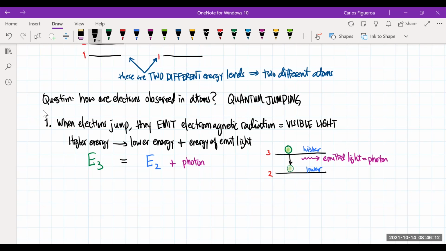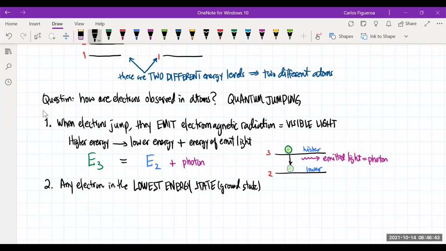Here's the other thing here. Any electron in the lowest energy state, and this is what we call the ground state, will never, ever emit any light.